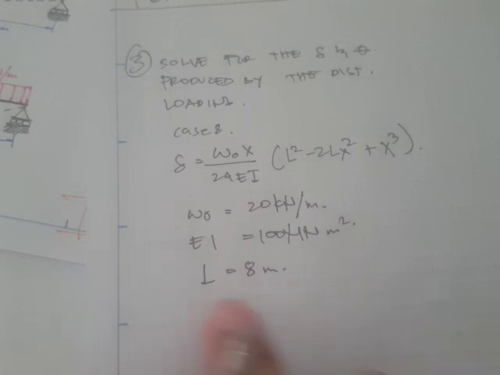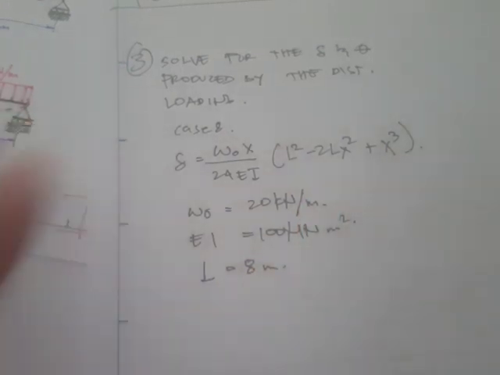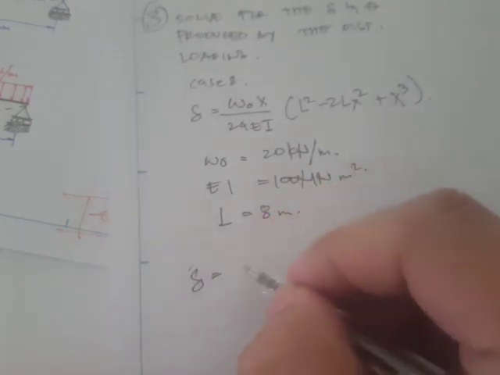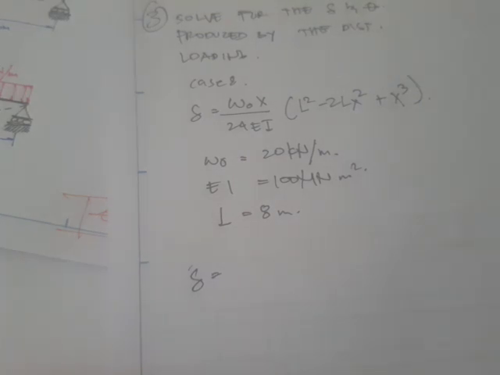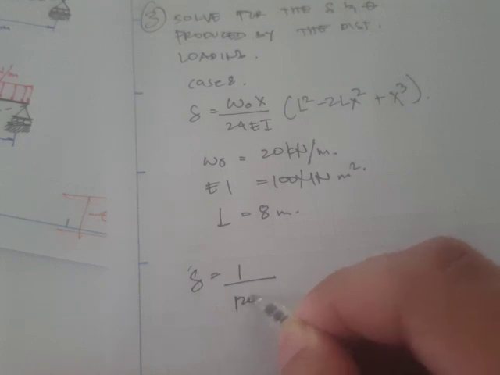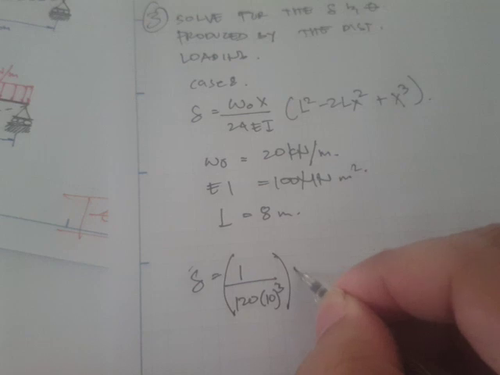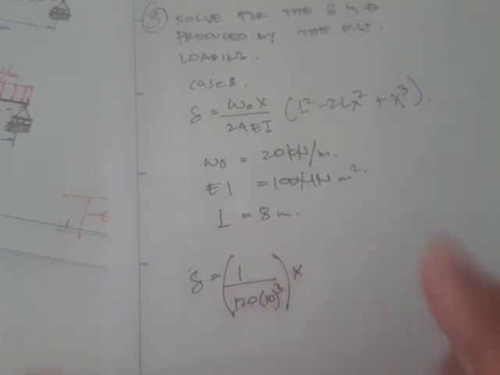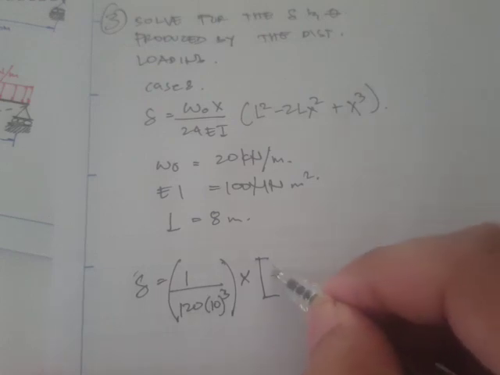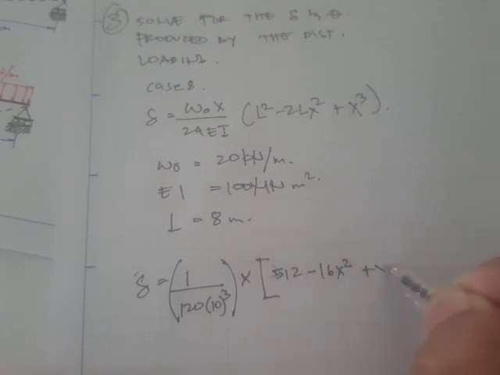So if we substitute all these values of the parameters into this equation, we get this expression: 1 all over 120 times 10 to the 3, times x, times this 512 minus 16x squared plus x cubed.